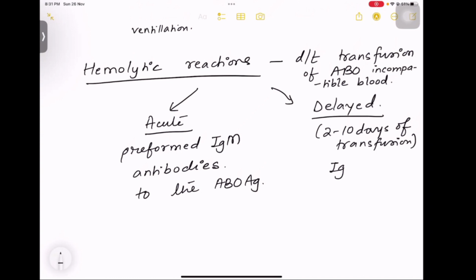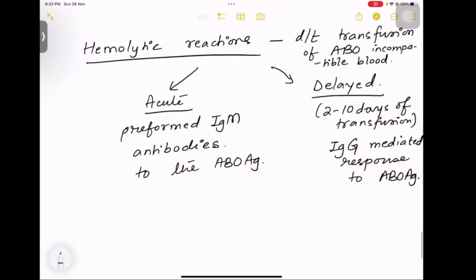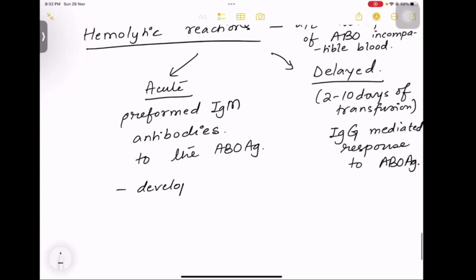So that is mismatching of the blood and that can cause hemolysis. In acute hemolytic reactions, preformed IgM antibodies is given to the ABO antigen. And in delayed case of hemolytic reaction, IgG mediated response will be towards the ABO antigen. And delayed response is 2 to 10 days after transfusion.